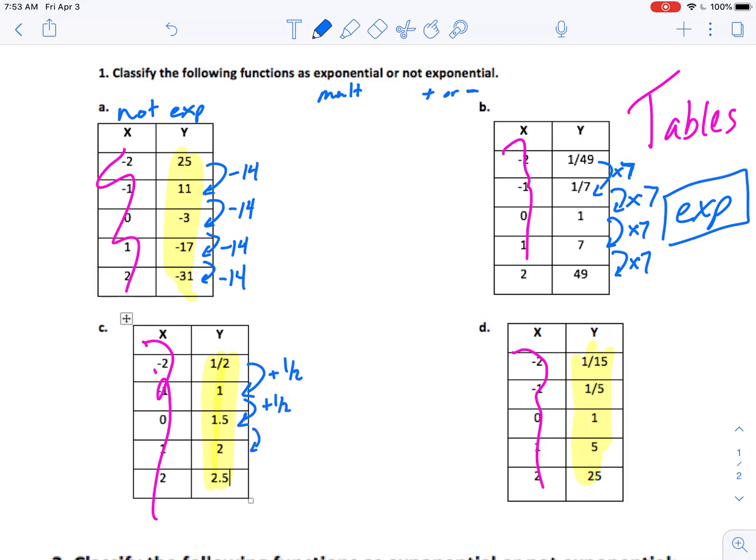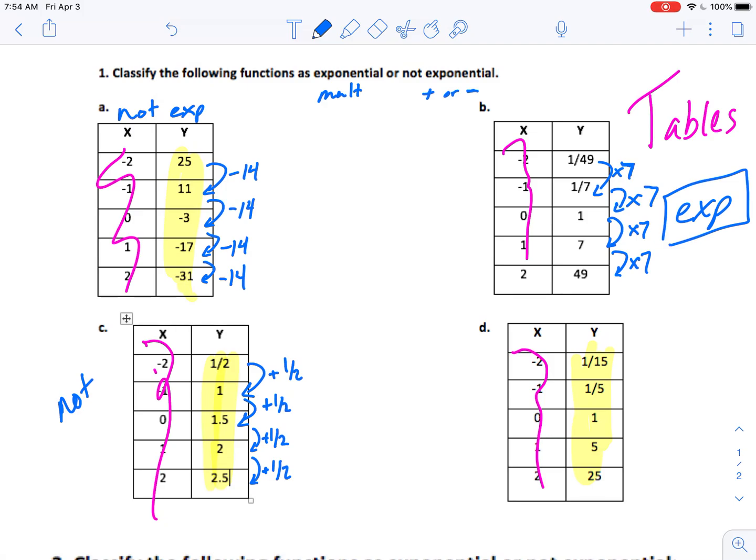Well, that's not going to work, but I could test a different route. I could say 1/2 plus 1/2 gets me 1, plus 1/2 gets me 1 and 1/2, plus another half, or 0.5, gets me 2, plus 1/2 gets me 2.5.